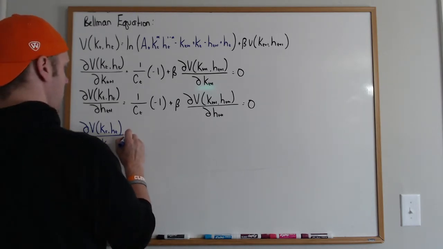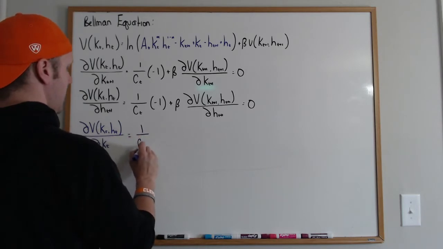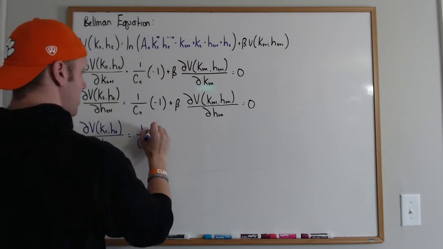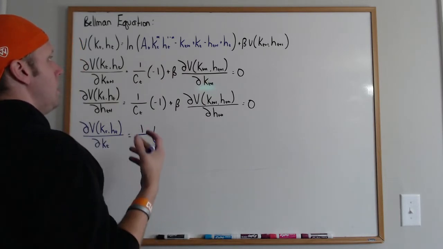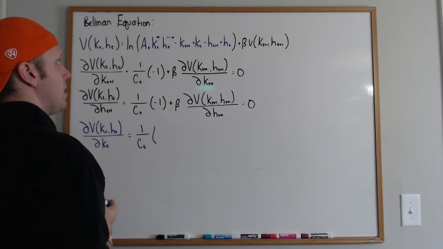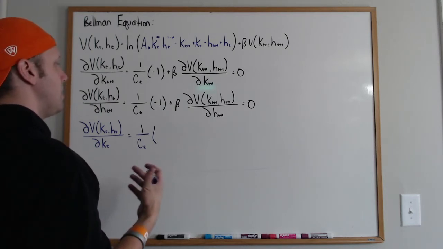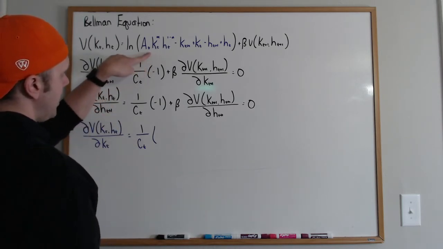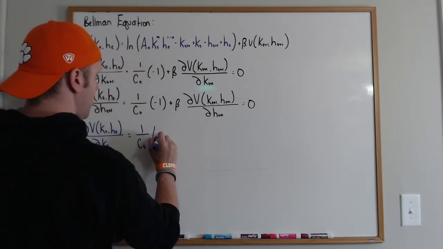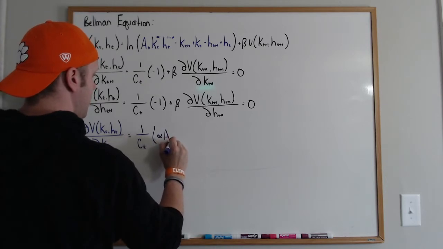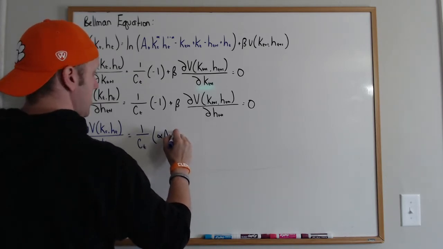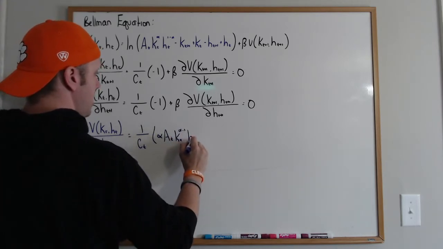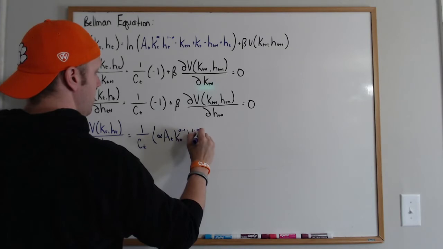What does that give me? Well, again, it gives me 1 over c_t, because it's the derivative of the outside, 1 over this junk, times the derivative of the inside. What's the derivative of the inside with respect to k_t rather than k_{t+1}? Well, we have to differentiate this production function now. So we get alpha times A_t times k_t to the alpha minus 1 times h_t to the 1 minus alpha.